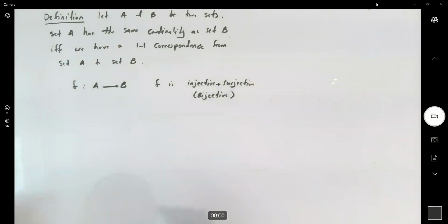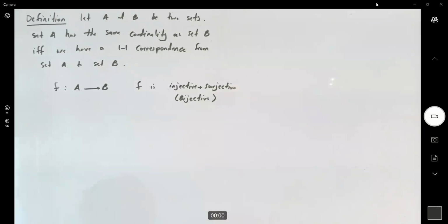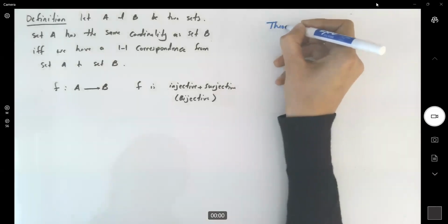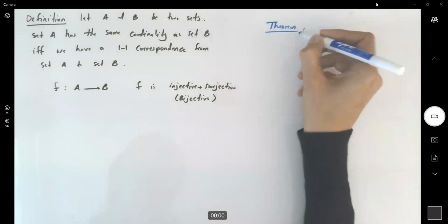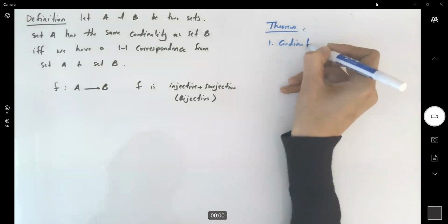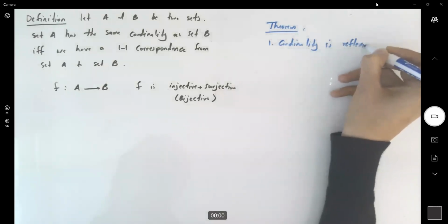Well, as you can see, cardinality is symmetric, it's reflexive, and also transitive. Just the theorem. Cardinality is reflexive.